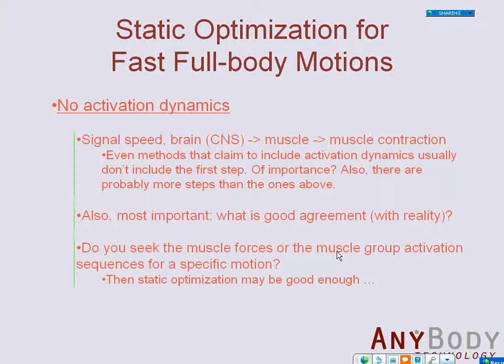But then we can also ask ourselves, does it really matter if you add one more piece of inaccuracy? The results are not true with activation dynamics and false without. It's only in shades of gray. It depends on your goals and the purpose of your simulation. Static optimization might be good enough.